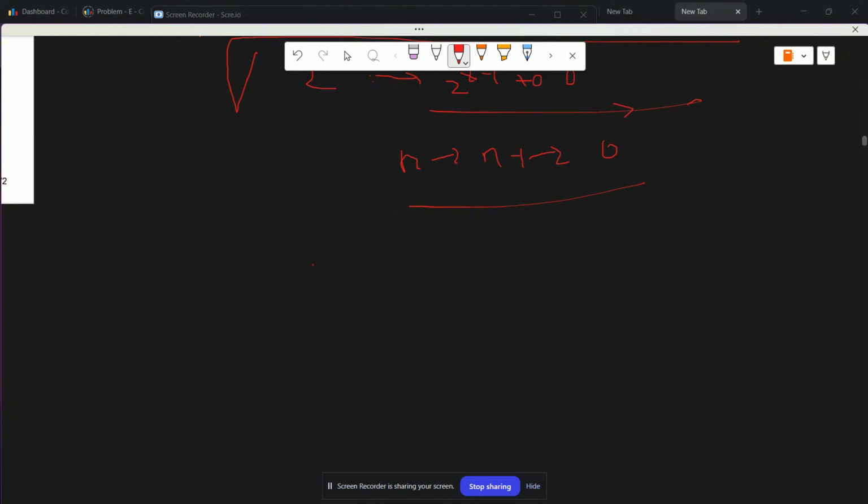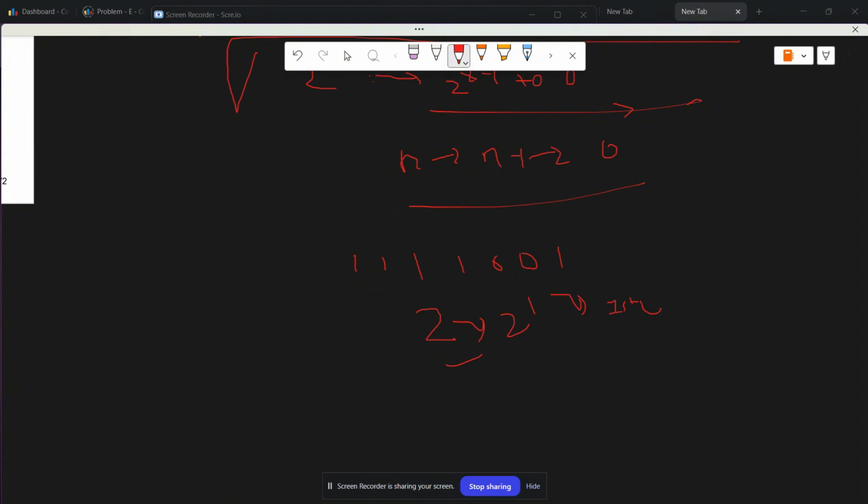Let's just discuss that. Suppose these are the binary representations, and I divide this number by 2 raised to 1.